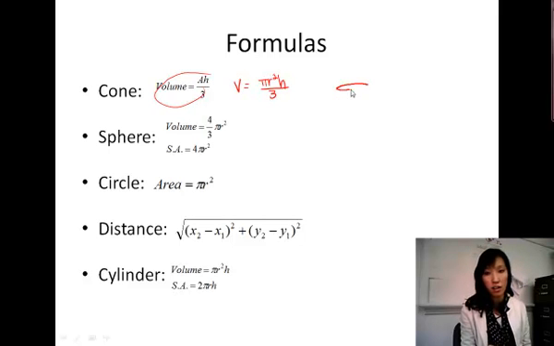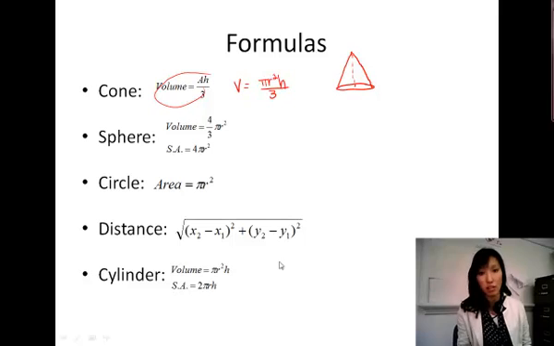It's the area of a circle, that's what the A was here, times the height times 1/3. So if you had a cone, this is what we would use. You are not expected to memorize these, but if you know them, you'll be better off.